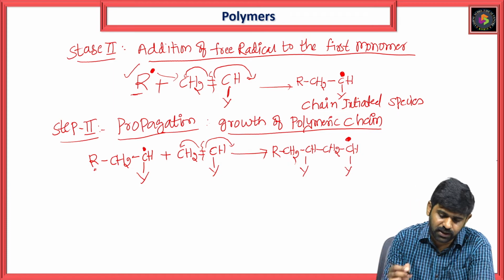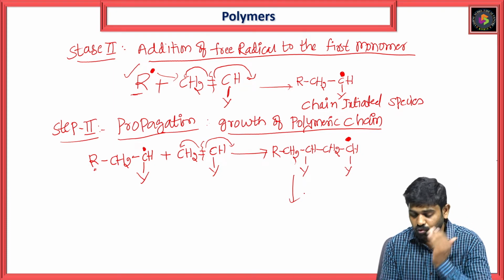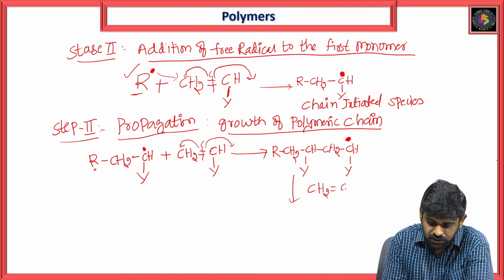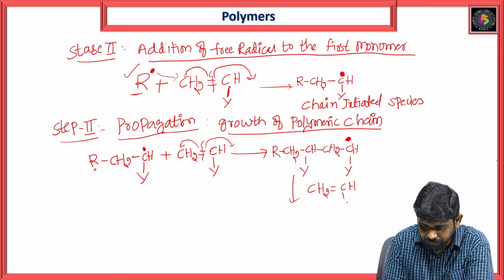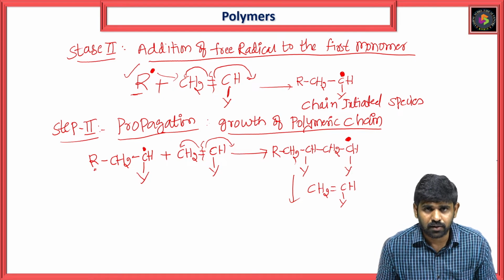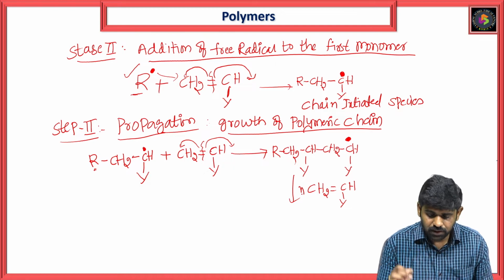Or this formed chain initiated species again reacts with the monomer, that is olefin CH2 double bond CHY, resulting in the formation of living polymer, right? Living polymer. Here I am taking N times, right?